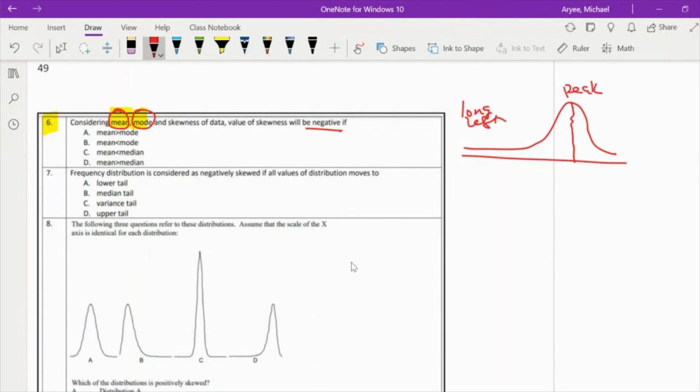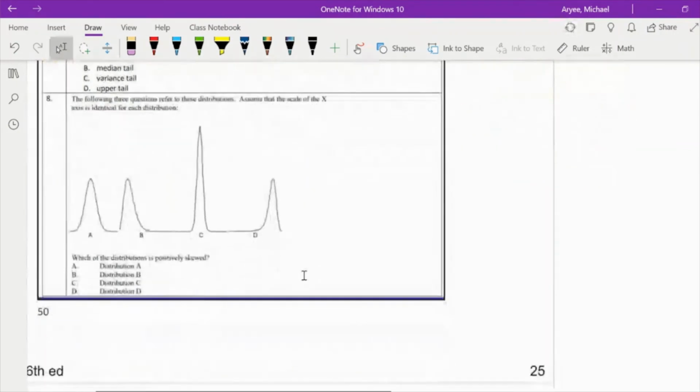There's a peak, and so there's a mode. The mean will be drawn towards where you have the long tail. So this is the mean. So in this case, the mean will be smaller than the mode. Right? The mean will be smaller than the mode.